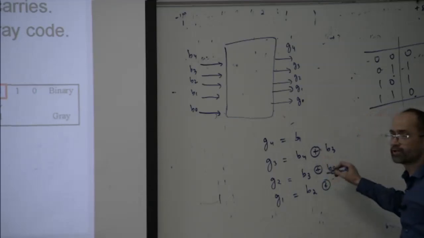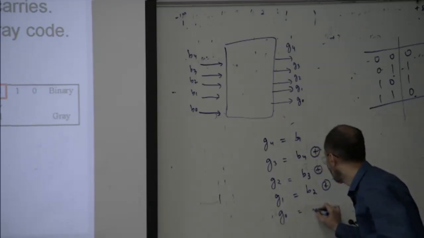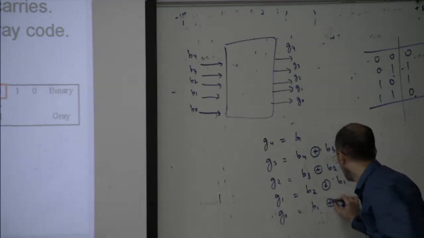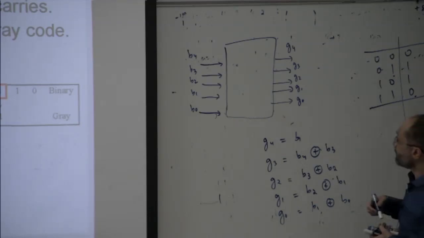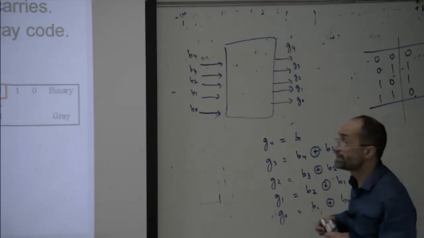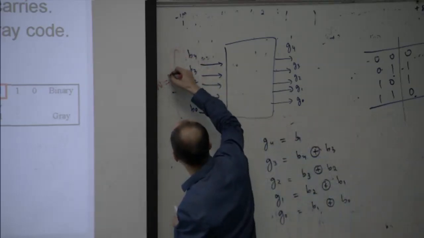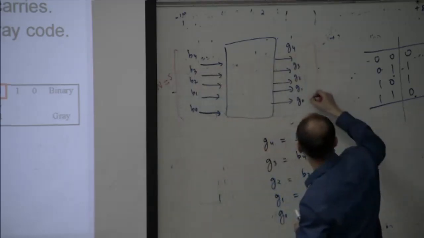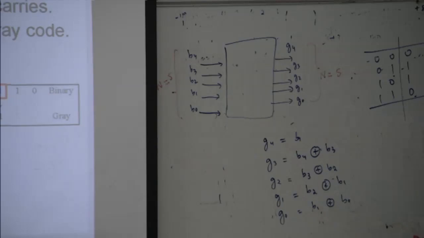B2 exclusive OR B1. And then how can we get G0? B1 exclusive OR B0. Got it? Okay, now in this particular example, what is n here? n is equal to 5, and we generalize it.